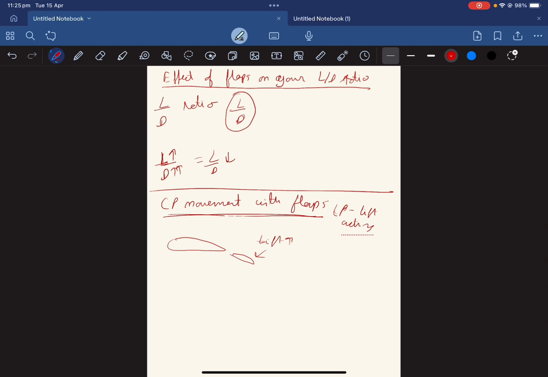So if this was my CP before, when I deploy my flaps it moves rearward. It's going to be somewhere over here, let's say. Due to this CP moving rearward, it gives you a nose down pitching movement.